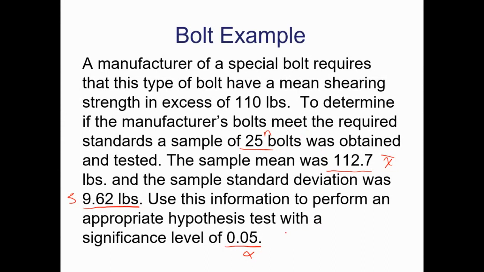Okay, so let's get our null and alternative hypotheses. Remember, we're dealing with means here, so we're going to have mu. If I have to have strength in excess of 110 pounds, what would that one be?